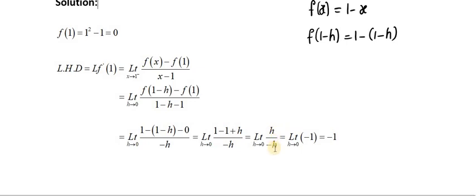Denominator is minus h. Now h and h also get cancelled. Next we are going to get limit h tends to 0 minus 1. Limit of a constant is itself. Therefore, the value of LHD is minus 1.